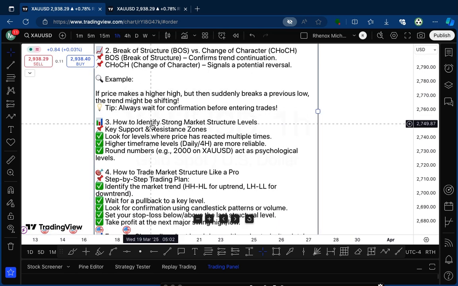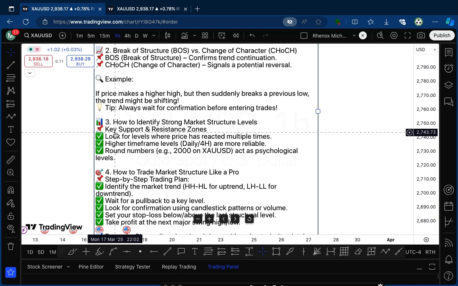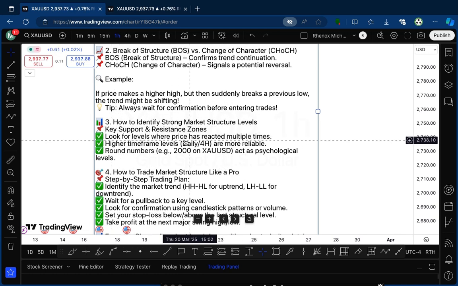Now, how to identify strong market structure levels. We have done a video on this, support and resistance zones. Now, for you to get your strong market structure levels, you need to look for levels where price has reacted multiple times.